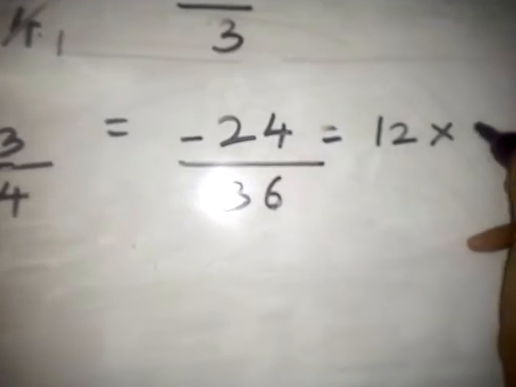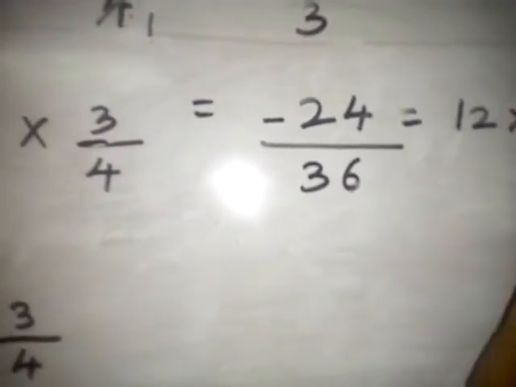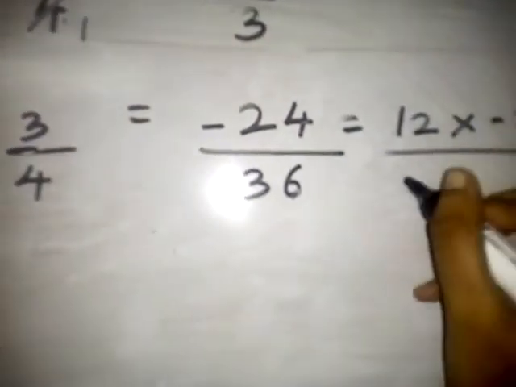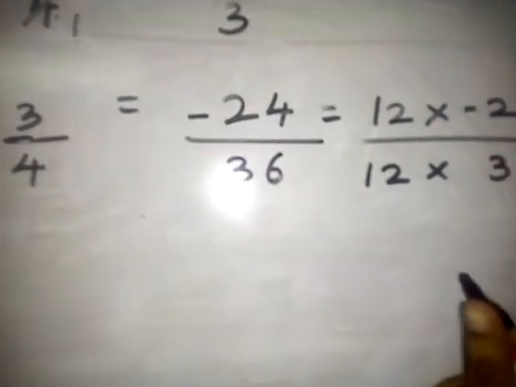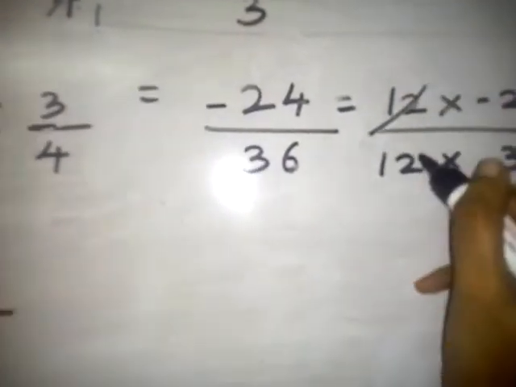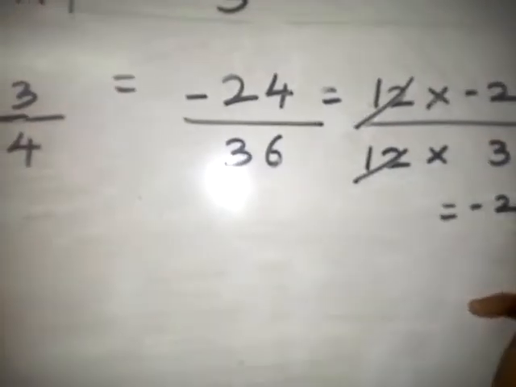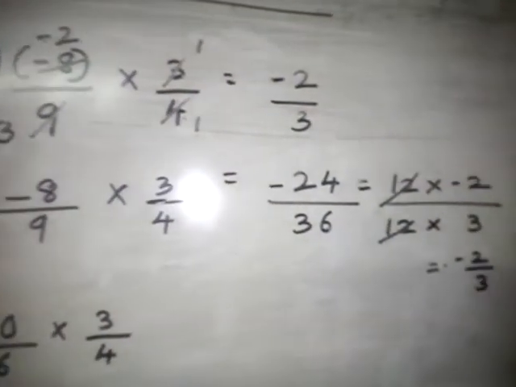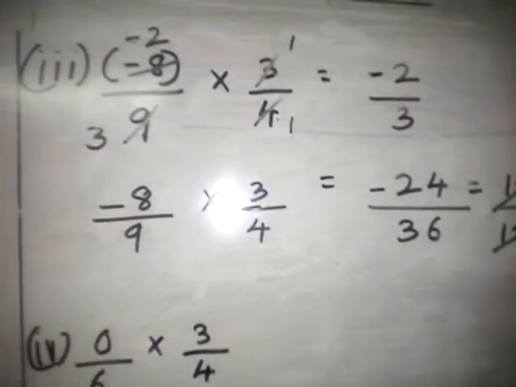Minus 2, because plus into minus is minus. One you have to take plus and one you have to take minus. 12 3s are 36. 12 get cancelled. Okay, so your answer is minus 2 upon 3. In these two methods I am getting the same answer. Any one method you can use during exam time.